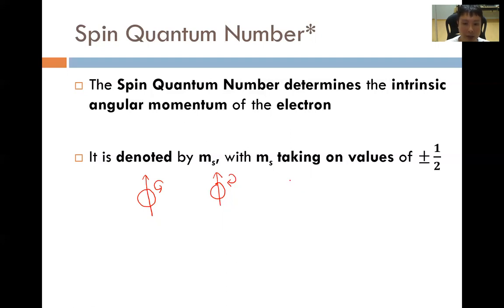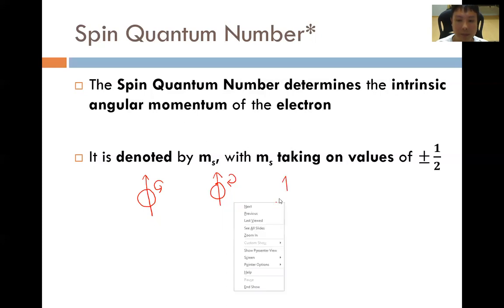As we will see later, it corresponds to either the spin up state or the spin down state. And again, I just want to emphasize that this is just the intrinsic angular momentum, which we do not really understand where it comes from, but we know that it exists due to experimental facts.